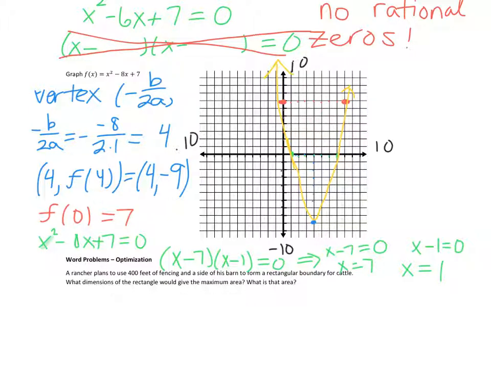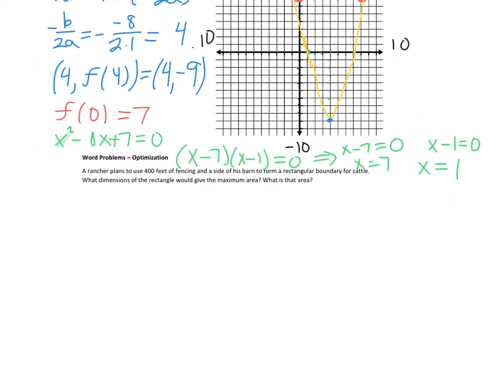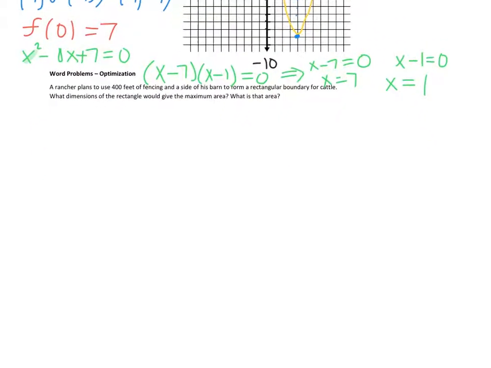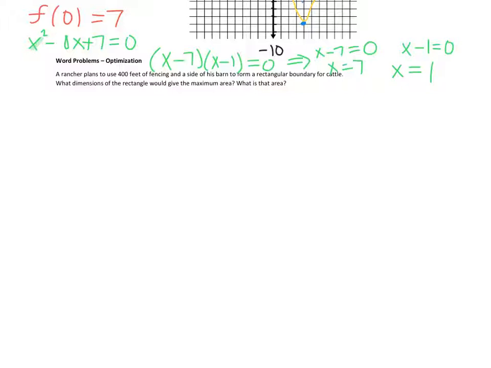Okay, so next we're going to be looking at optimization. We're going to be looking at word problems that use optimization. And optimization means kind of the biggest or the smallest. And it's helpful to do these problems with a quadratic model because a parabola has a maximum sometimes.